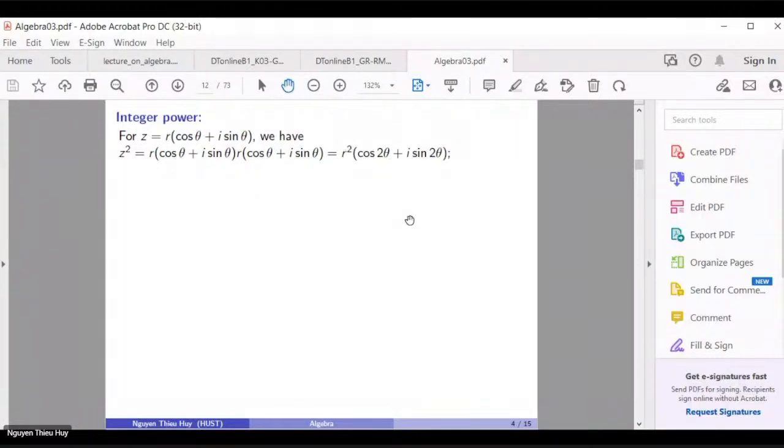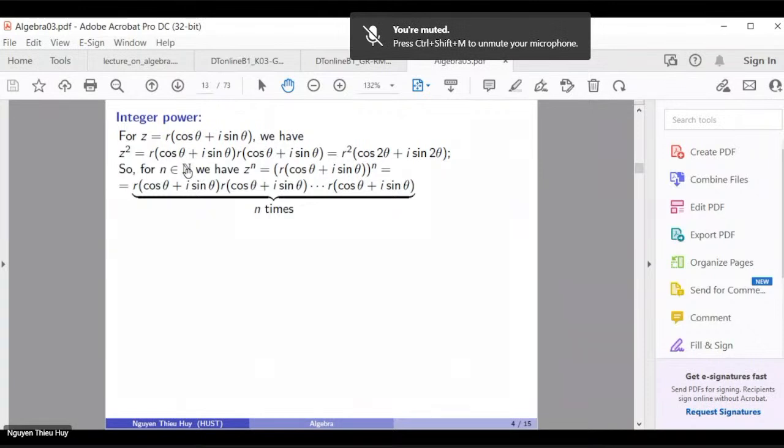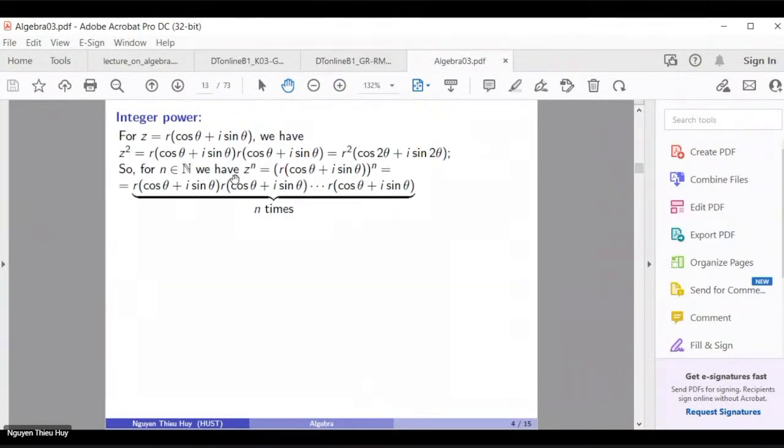Simple. And this can be done for any power which is a positive integer. So I take n a natural number, n greater than 0, because if n equals 0, then z to the 0 equals 1, so we don't care about the case n equals 0. So let n be greater than 0, natural numbers, and z to the n means r(cos theta plus I sine theta) to the n.